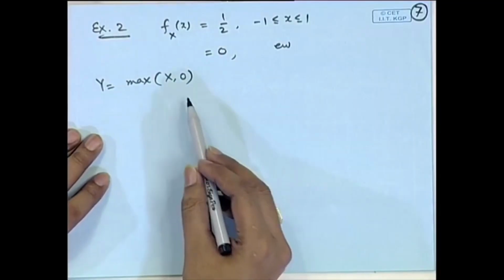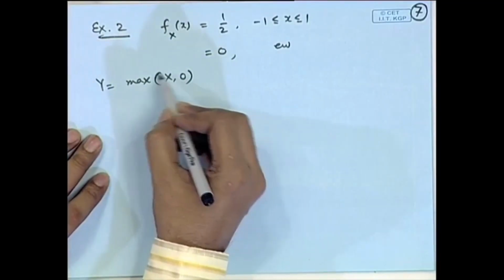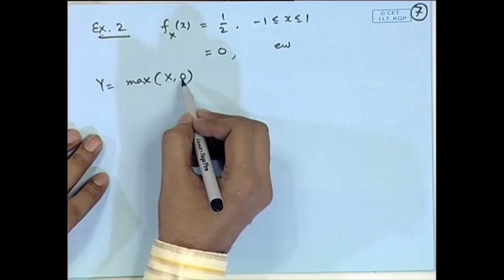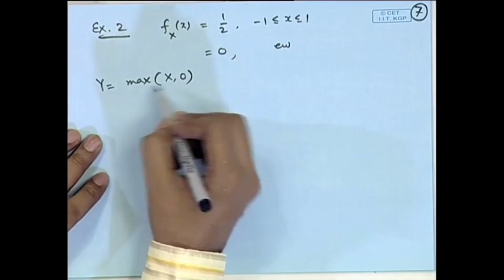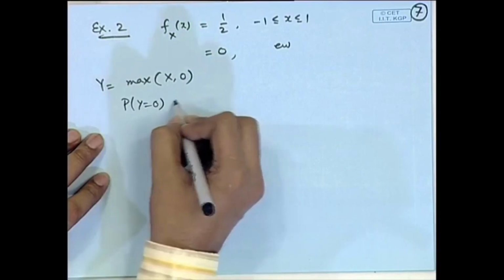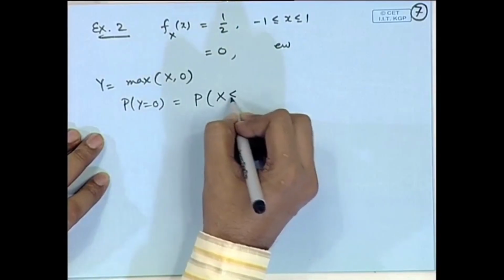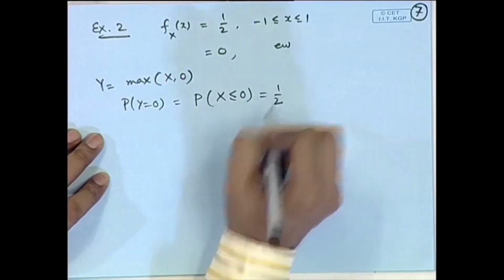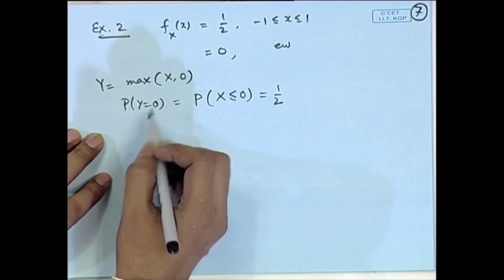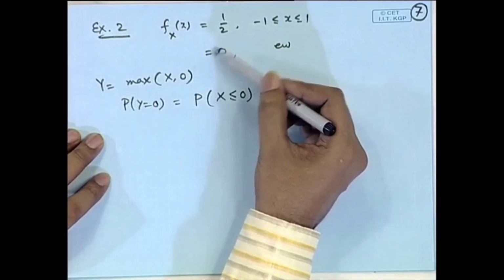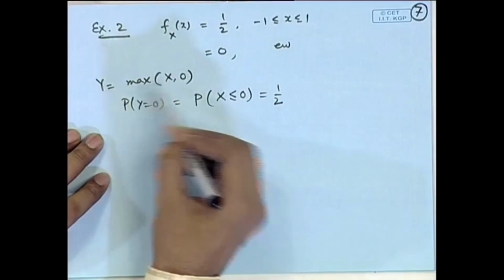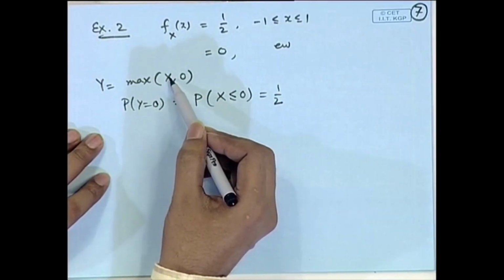Now, you can see here that this random variable is not completely discrete nor continuous, because probability of Y = 0 is half. This is equivalent to probability X ≤ 0, which is equal to half. But if I look at probability Y = 1/2 etcetera, then that is 0, because thereafter the random variable is continuous. If X is non-negative, then Y becomes a continuous random variable.